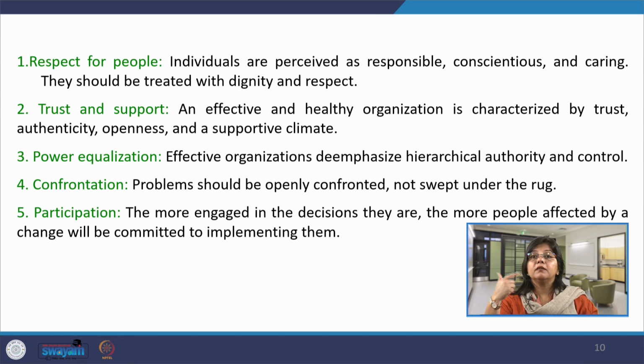So, they really understand why there is a need for change and the urgency for the implementation of the change. Therefore, respect, trust, power equalization, confrontation and participation play a major role when we talk about organizational development as a novel approach to change implementation, right.